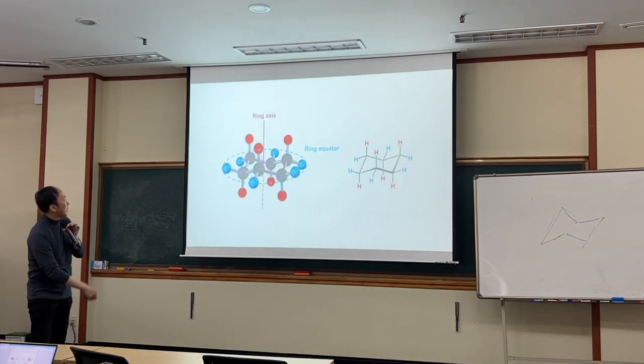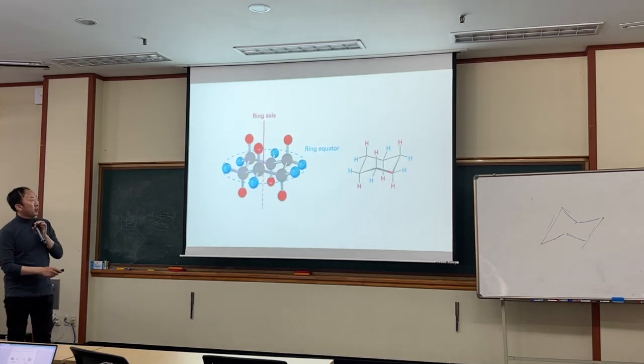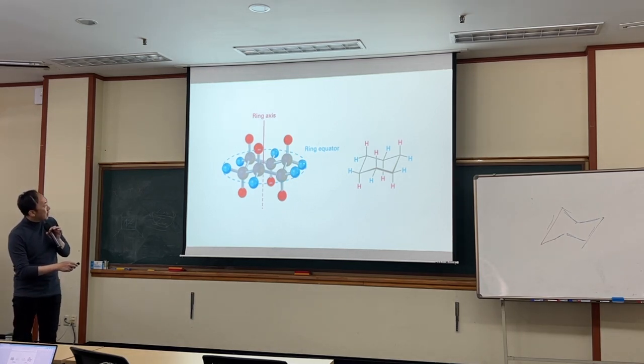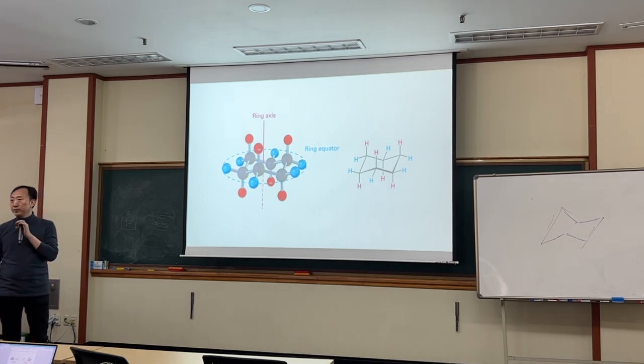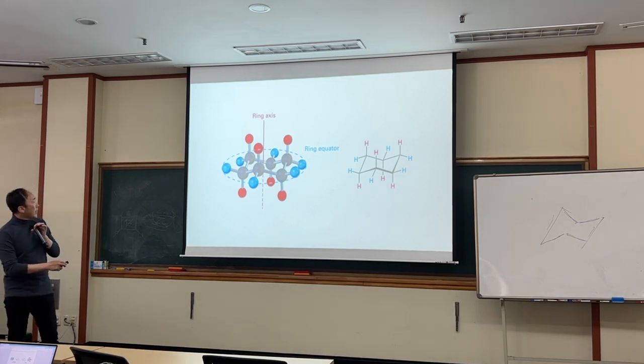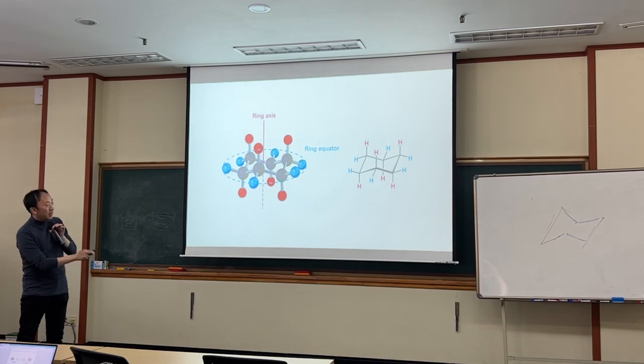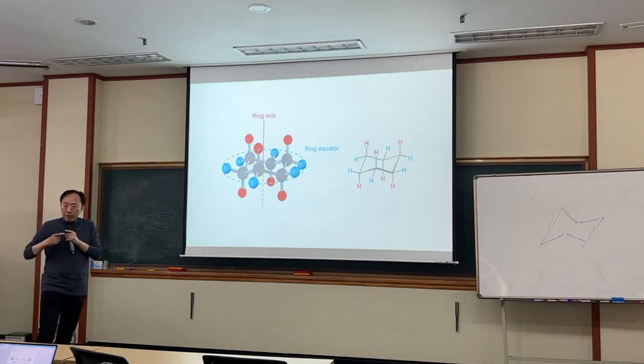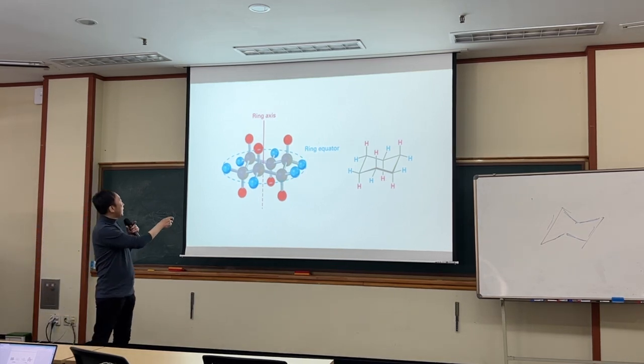If you look at this 6-membered ring, and look at those red ones and the blue ones: the blue ones are facing to the outside. The red ones are on the same axis like this. If you have a 6-membered ring and put this axis, let's say this is like Earth.